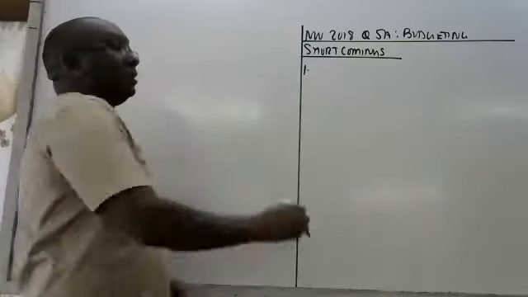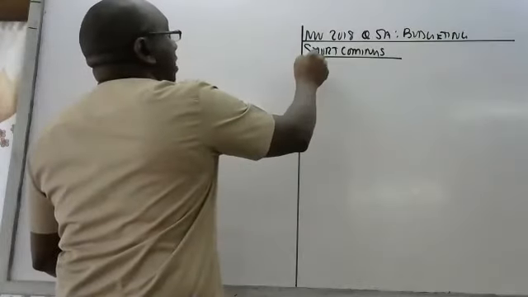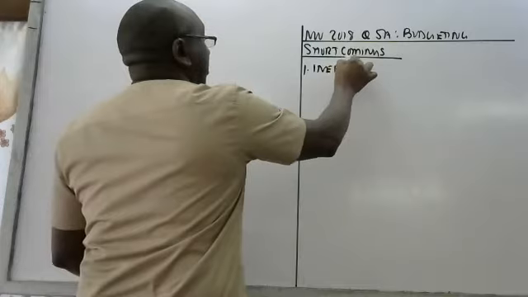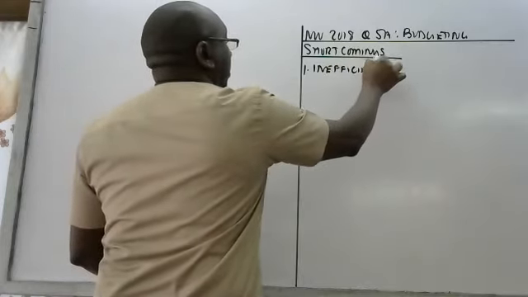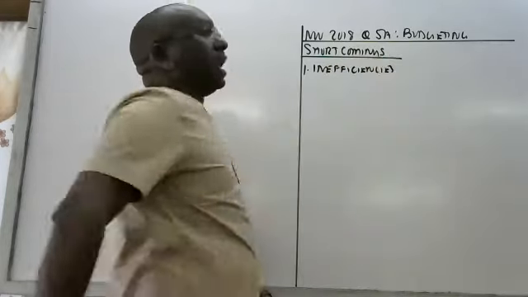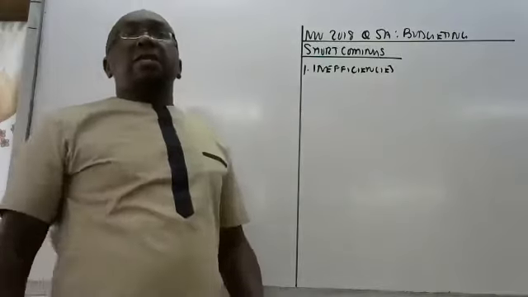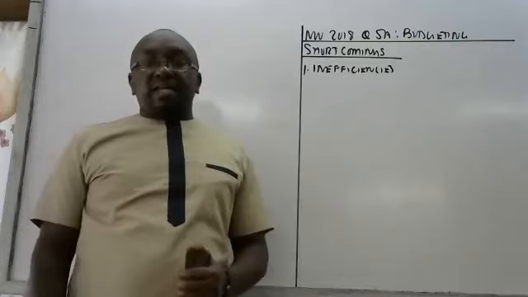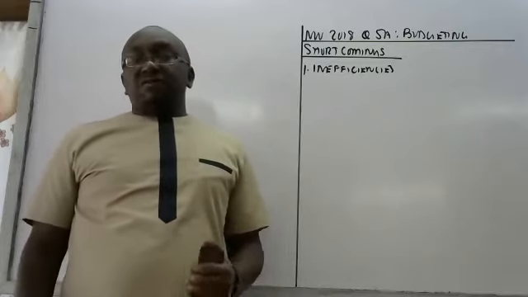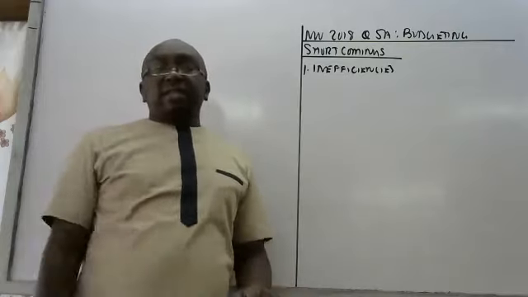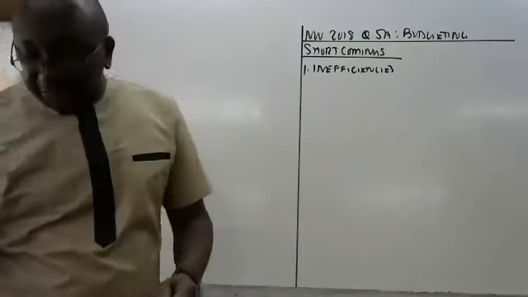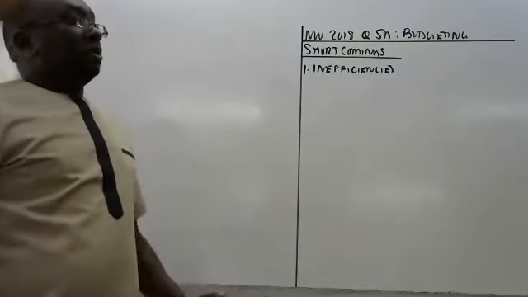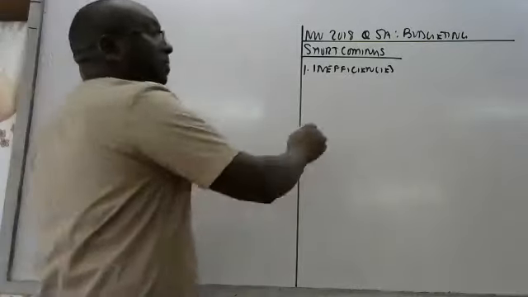One is that there are issues of inefficiencies. When you start budgeting, especially when you are using what we call the incremental budgeting approach, you find that the past inefficiencies can be carried forward to the future.